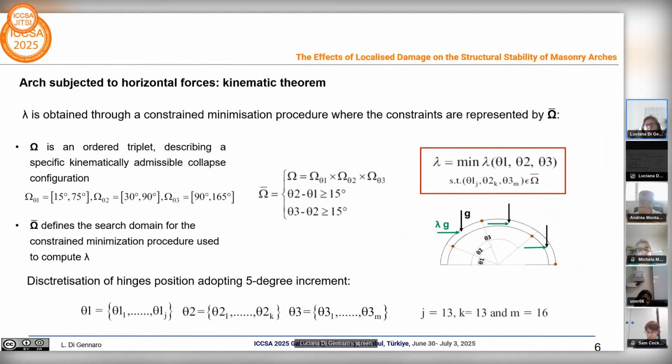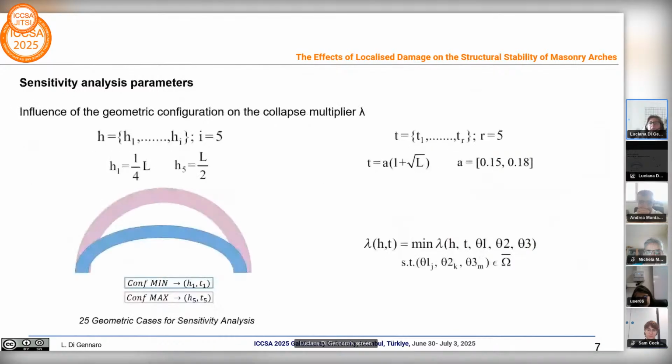The analysis was conducted in a discrete domain with each theta angle varying incrementally by 15 degrees. So theta 1 and theta 2 are represented by 13 elements, and theta 3 by an array of 16 elements.